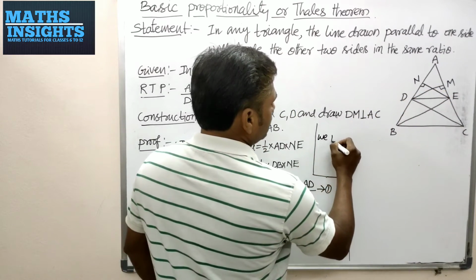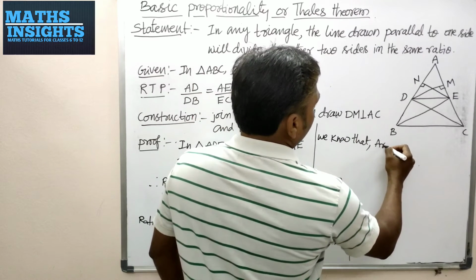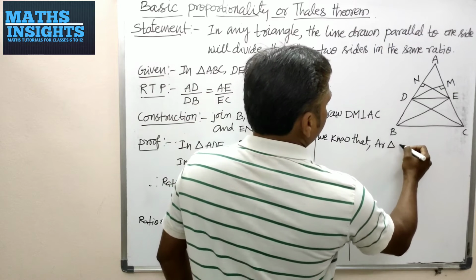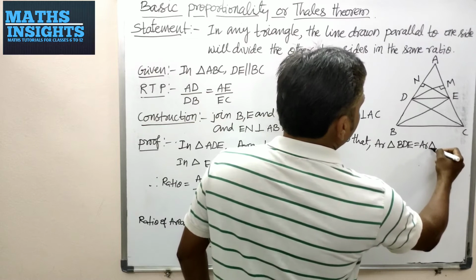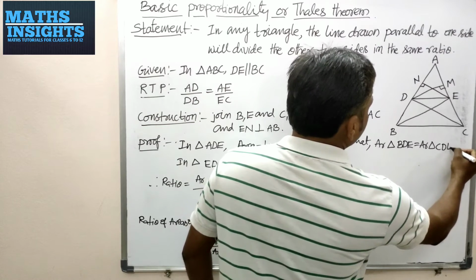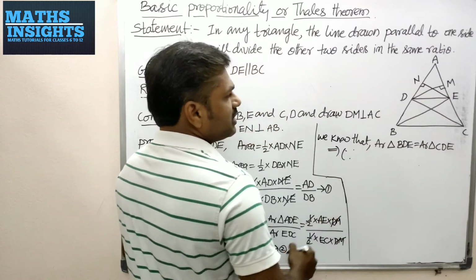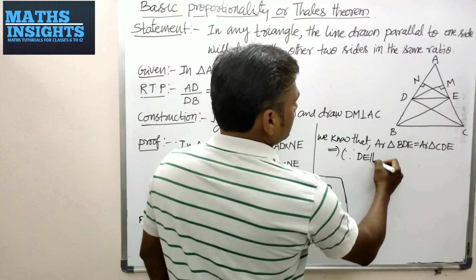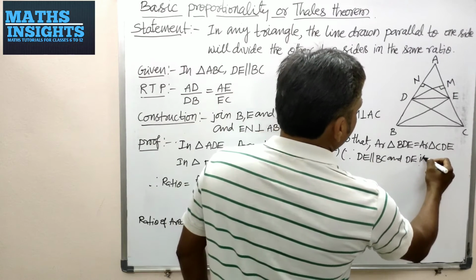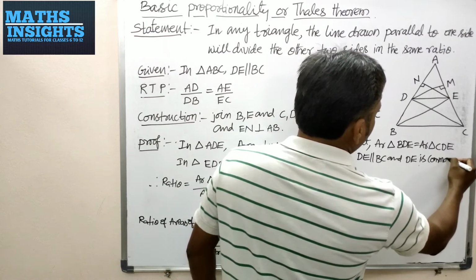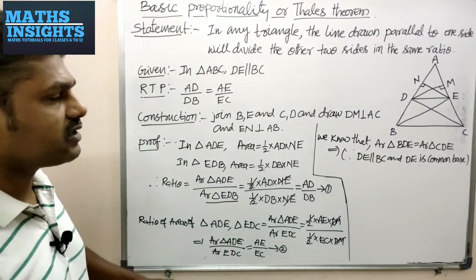We know that area of triangle BDE is equal to area of triangle CDE. You have to write why: because DE is parallel to BC and DE is the common base. You have to write common base since they are between the same parallel lines having the same base.